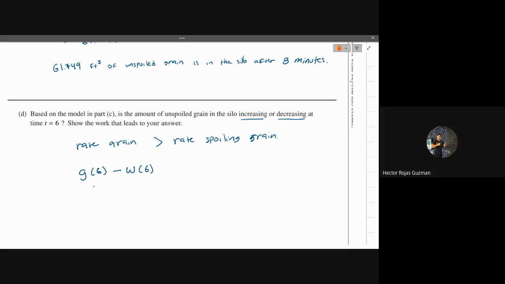When you plug this into the calculator, you're going to get 2.237. And because the answer is positive, that means our derivative is positive. So in other words, the amount of unspoiled grain is increasing.